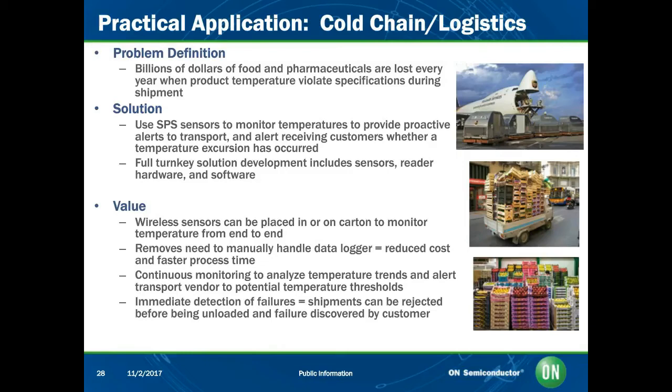Did it spoil because it sat on the receiving dock of the customer for too long, etc. So the solution to that is to use our smart passive sensors to continually monitor the temperature and provide alerts. If something happens with a truck, if the temperature is getting too hot, it can send an alert out to either divert the truck to somewhere to unload that cargo or just change the temperature of the cargo bay of the truck.